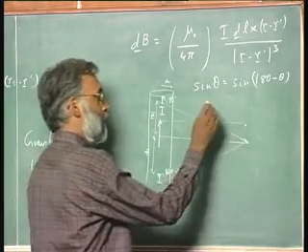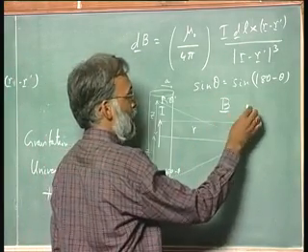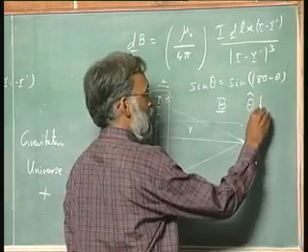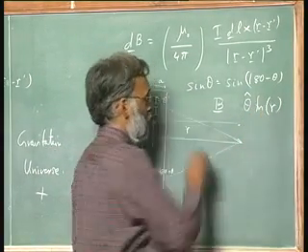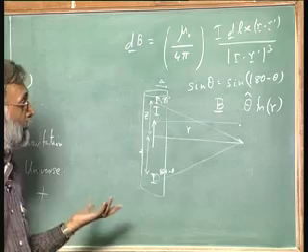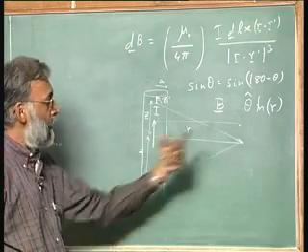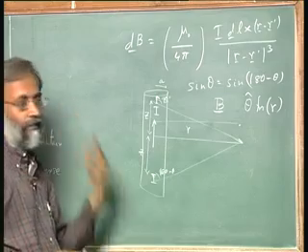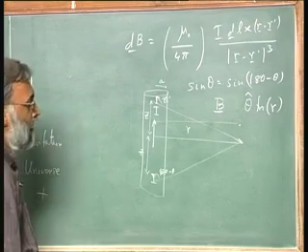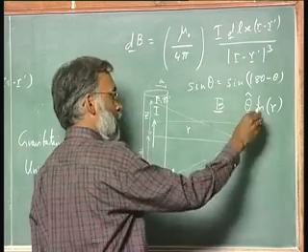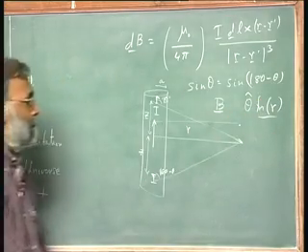So, whatever answer I get for the magnetic field B, it is along the theta direction and it is a function of r. It is not a function of z, because if I moved slightly up, it does not make any change to my calculation, and it is not a function of theta, that is fairly obvious. So, B is into the board and is a function of r only.